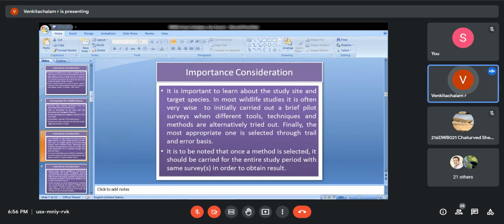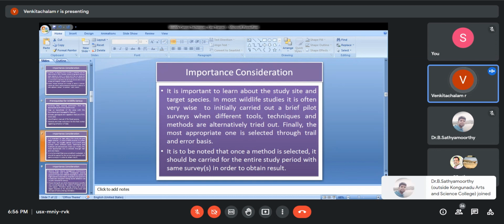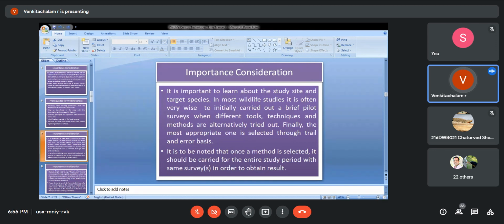When you select a method, it should also be carried out for the entire study period. The same method. You should not change the method. If you change the method, you should use the statistical tools available, and with the help of statistical tools you can get an idea whether you are getting the right information, and it will give you a clear picture.